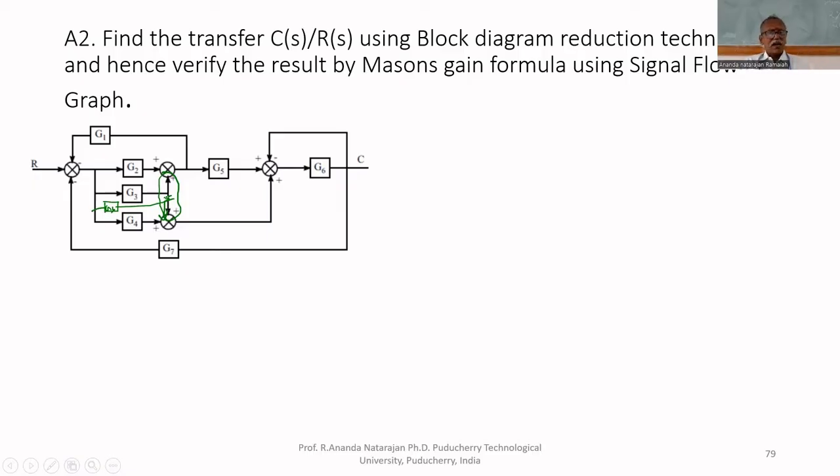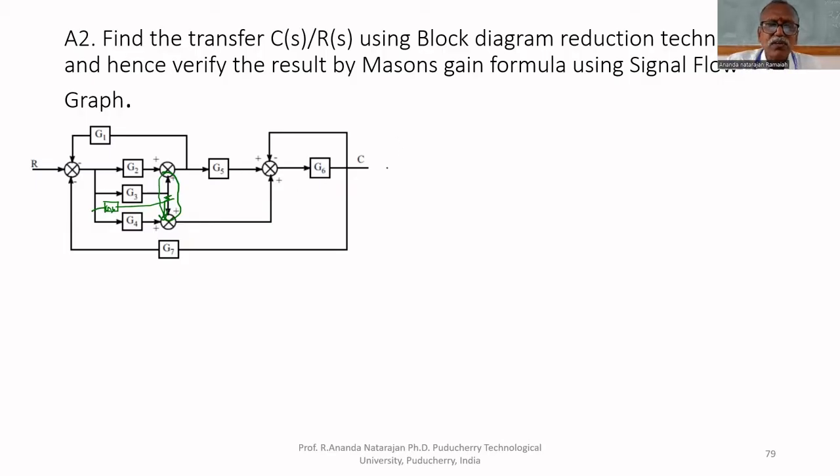Where we have to add, either with G2 or G4? No, both. We have to add G3 with G2 as well as G4, because it is parallel to both G2 as well as G4.